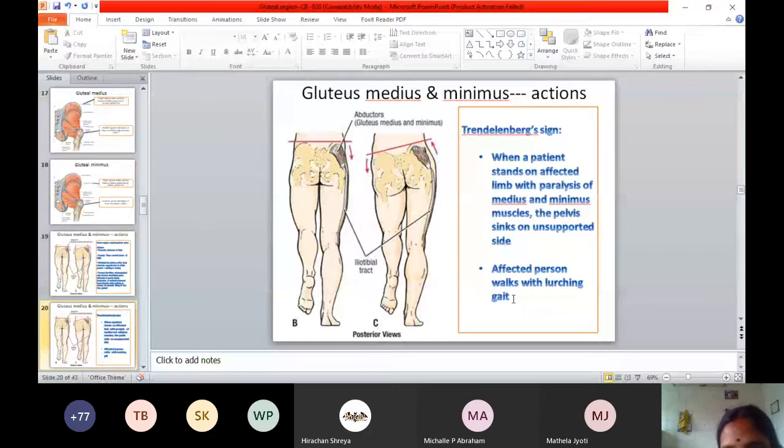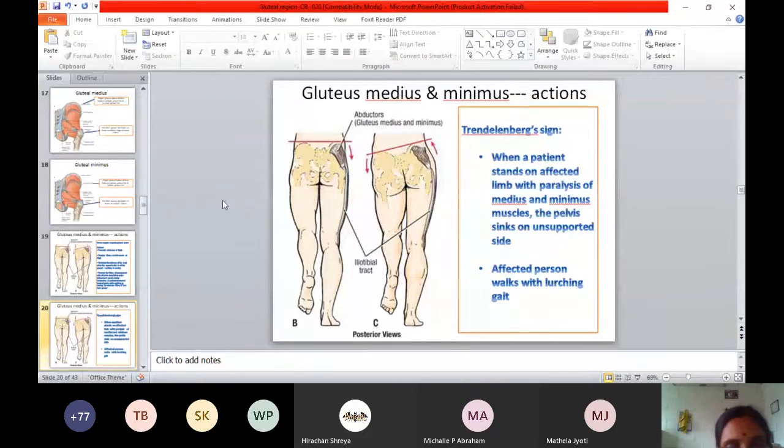Gait means walking cycle, or locomotion. Do not get confused. Gait is the process of movement of our body. It is known as the walking cycle, or locomotion. Simply we can say locomotion. So this lurching gait, which happens by the paralysis of gluteus medius and minimus, with the pelvis falling on the unsupported side, is known as the Trendelenburg sign.